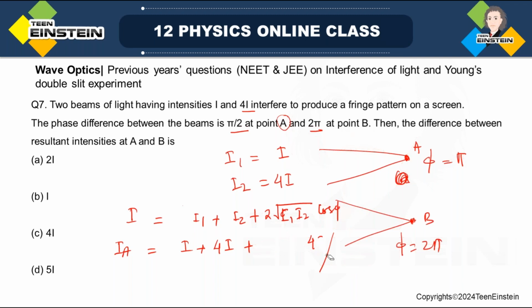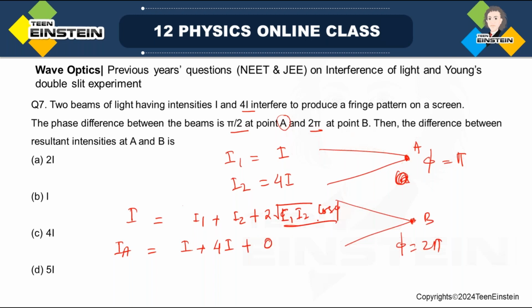So at A we are getting intensity as 5I, because the right-hand term will be 0.